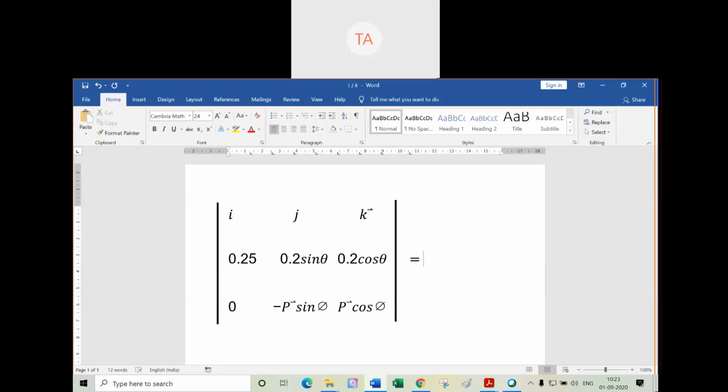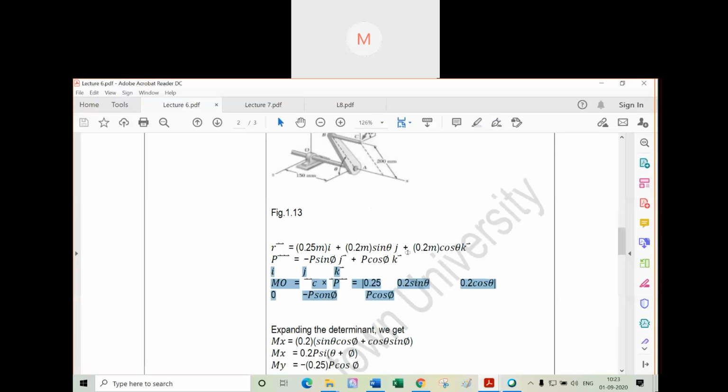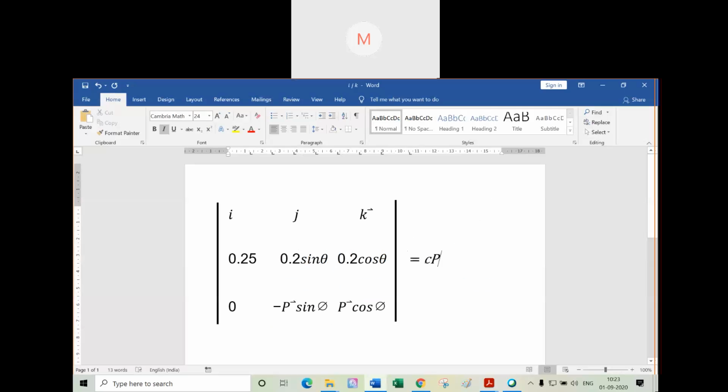Okay. This is in matrix form. So C into P gives you M, that means the moment about O. So it is written in this manner, okay?